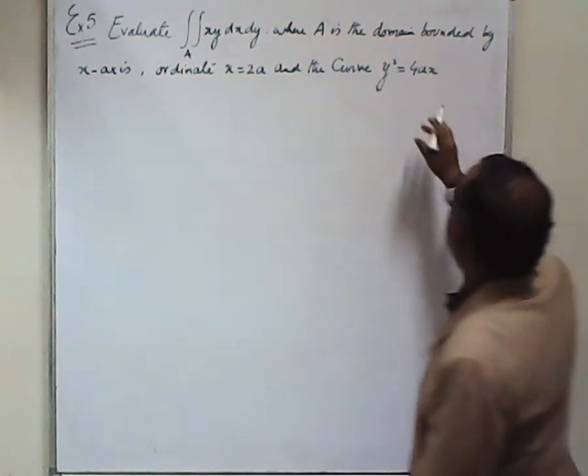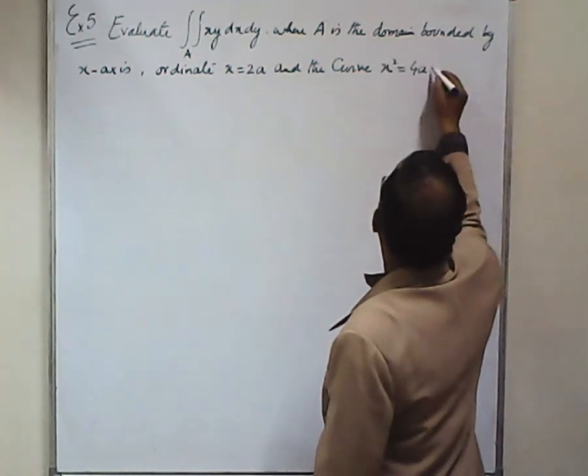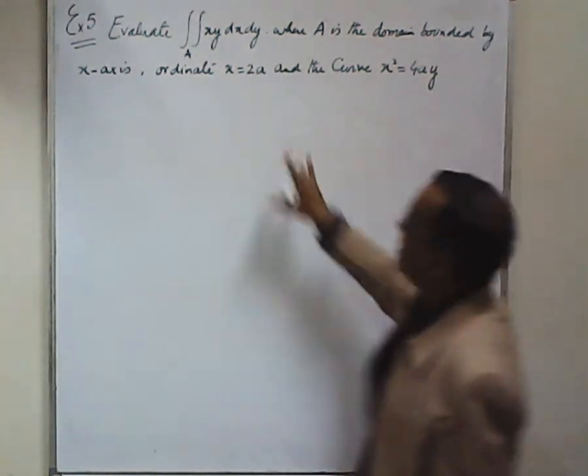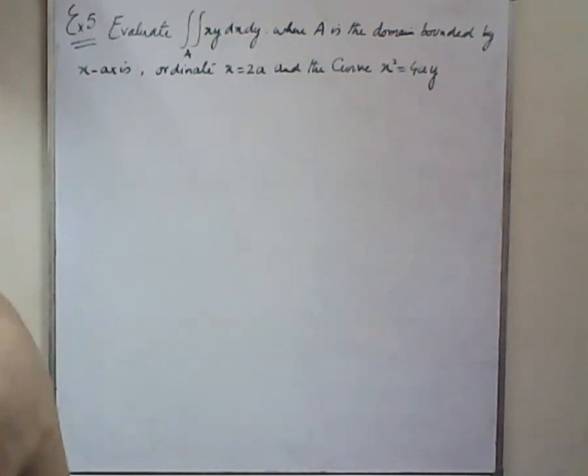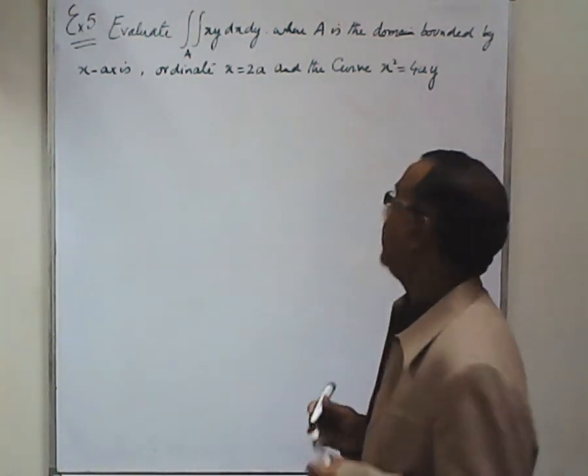X square is equal to 4ay. We have the same integral, but we have a different region to be integrated.